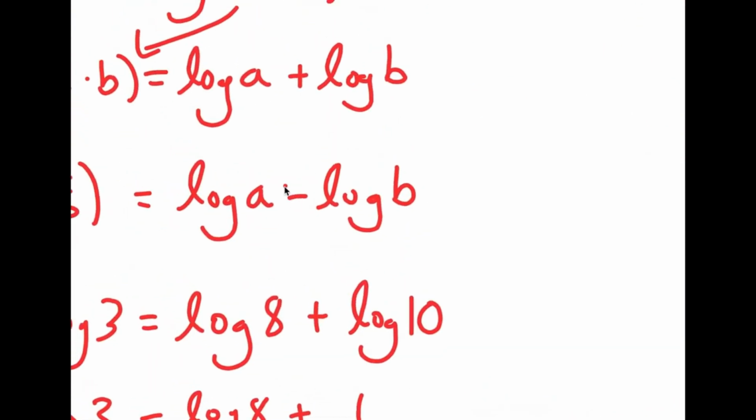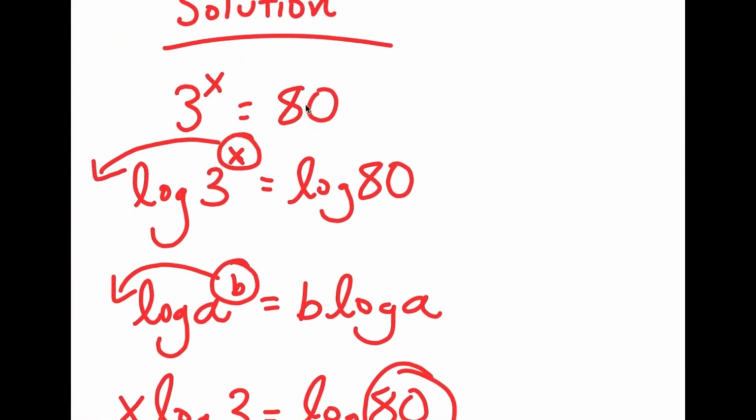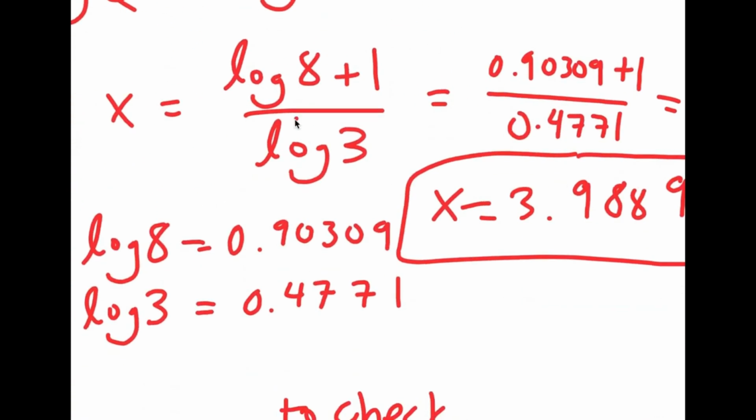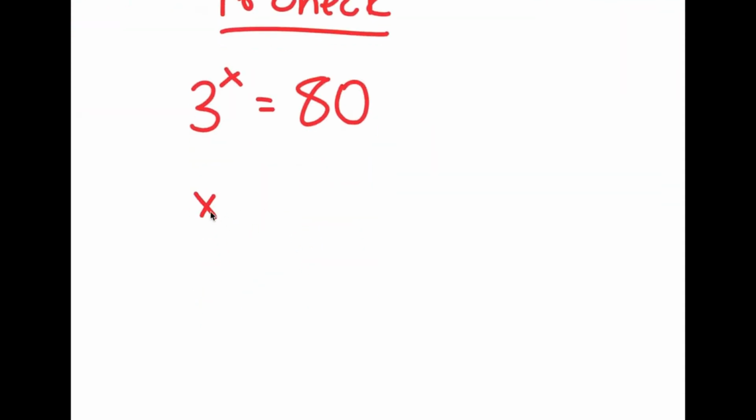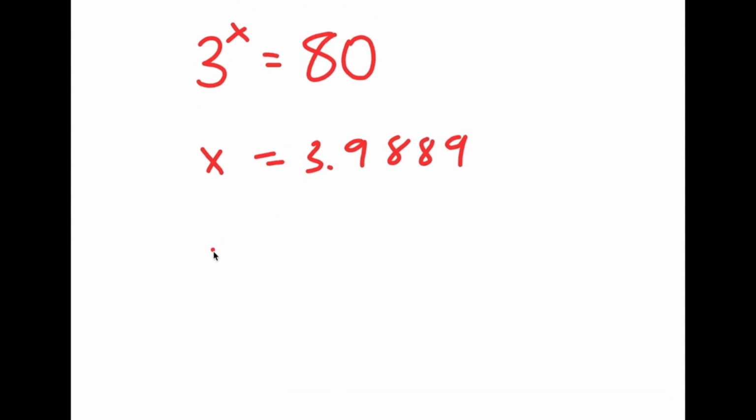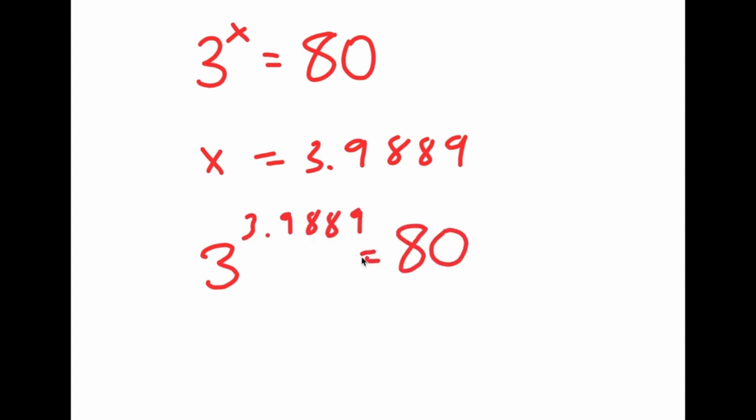So the original equation was right here, 3 to the power of x is equal to 80. And my solution is x is equal to 3.9889. So if I plug this in for x into my original equation, I get 3 to the power of 3.9889 is equal to 80.